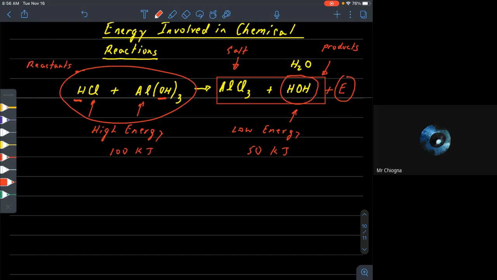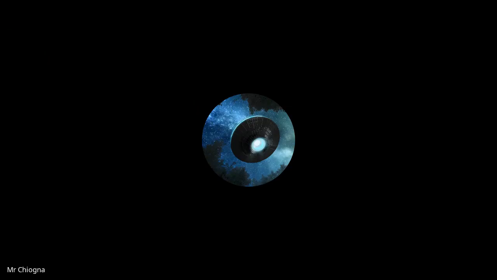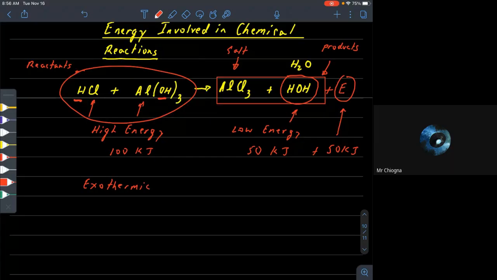It's released in the form of heat, and sometimes it makes even a flame. Not in the case of this particular reaction, but it can in others. This is called an exothermic reaction because it releases, we talked about this, I mentioned this before, exothermic reaction, which means it expels energy.